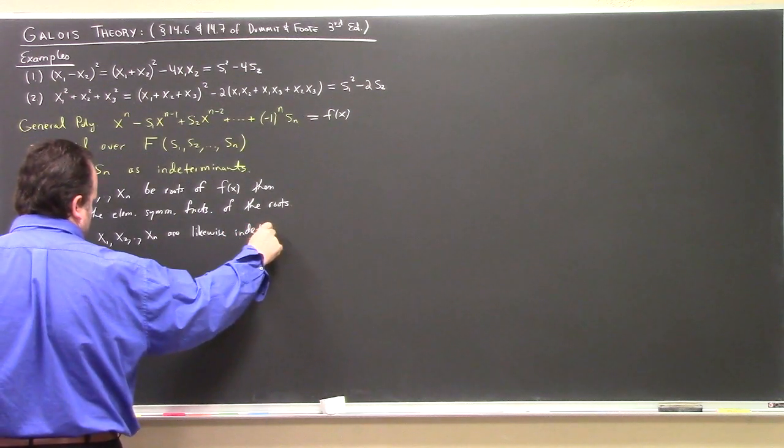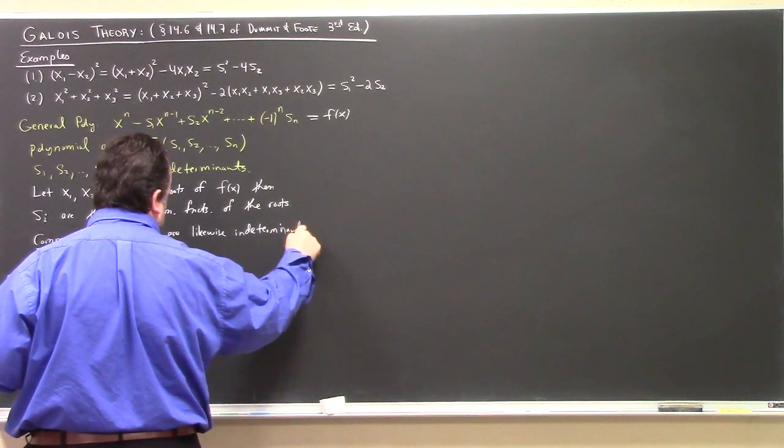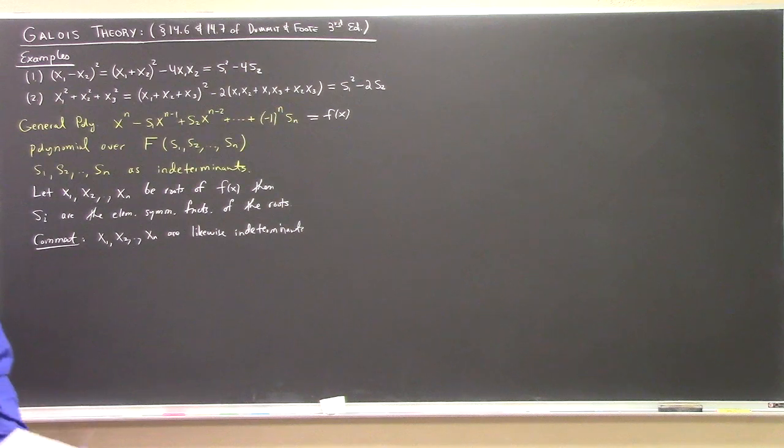It's a little different than what we were doing last time, where we started with the x's and then built the s's from them. This is the other way around.